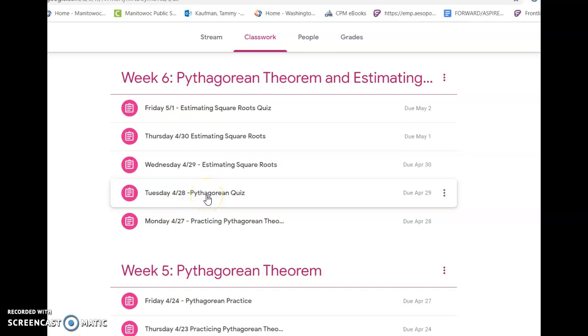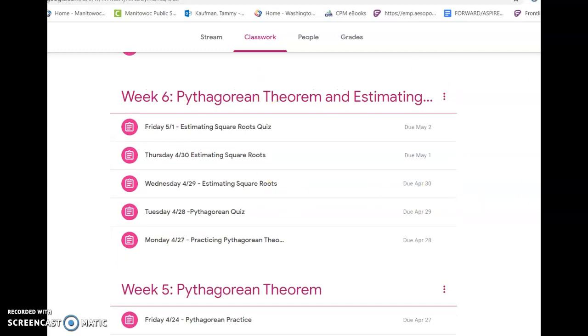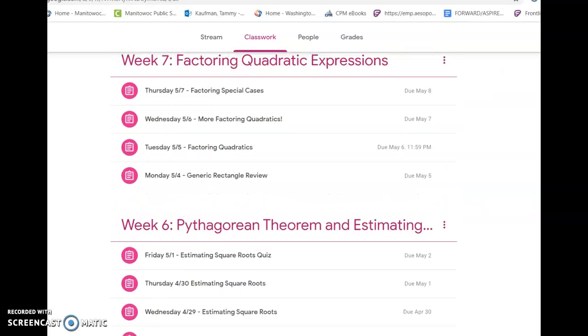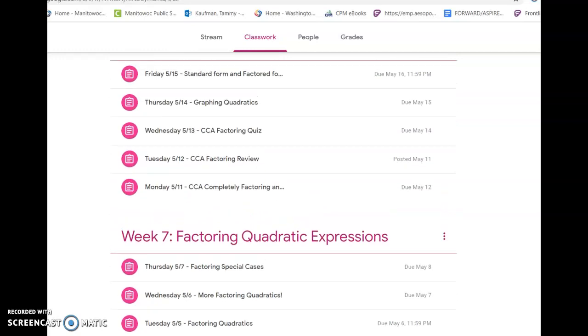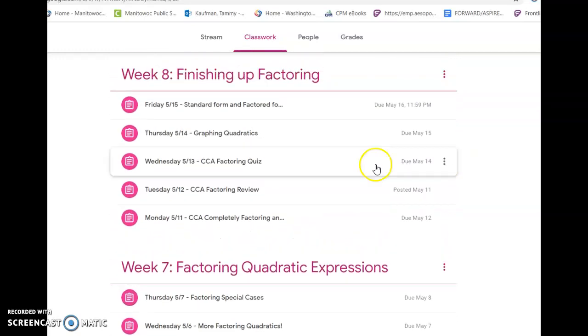So that would be the next thing that you would look at for when you're talking about whether or not you can use Pythagorean theorem. And then we go all the way up to your factoring quiz, which was on May 13th. So that was the next assessment that you took on May 13th, the factoring quiz.